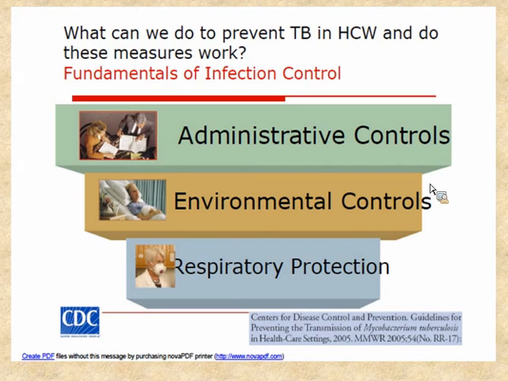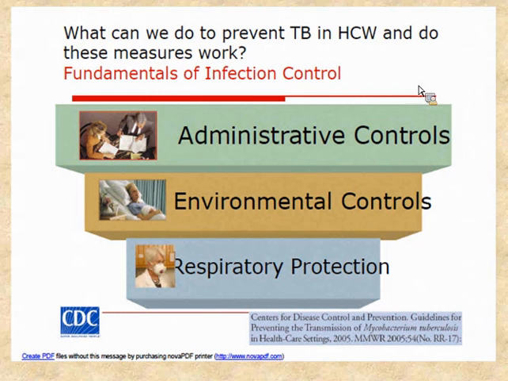It's important because there are so many things we could do. It's important to have a framework, and we talked before about the hierarchy of controls, with control at the source, along the path, and at the person. In infection control it matches, but it's a bit different.